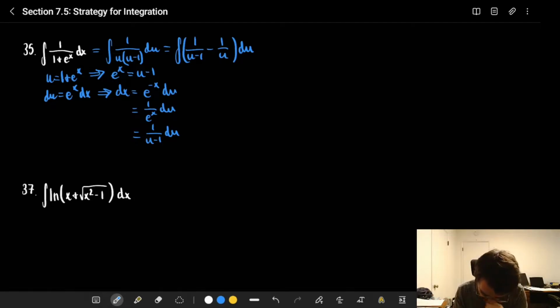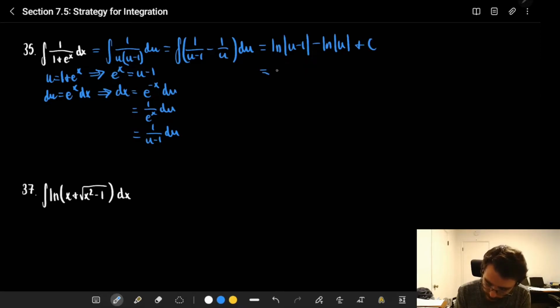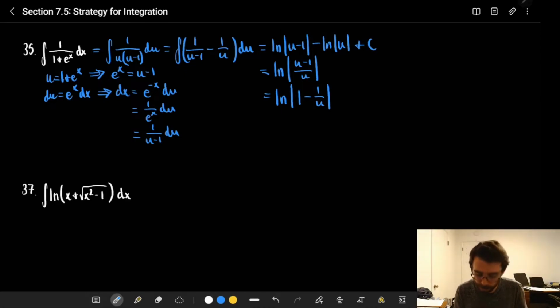So that's good. Okay. Then you integrate and get natural log absolute value of the first denominator minus natural log absolute value of u plus c. Why not write it nice? U minus 1 over u. Which is actually even nicer. U over u is 1, and then minus 1 over u, if you split that fraction apart.